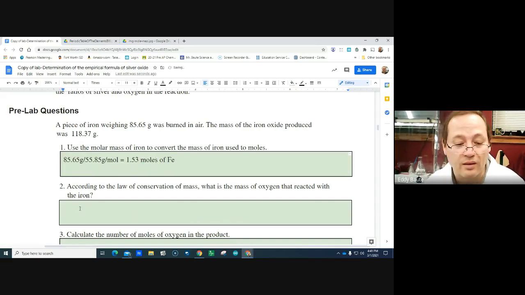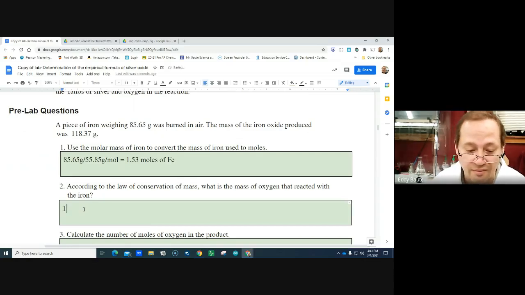Number 2 says, according to the law of conservation of mass, what is the mass of oxygen that reacted with the iron? Well, you started with this mass of iron, and then you ended up with this mass of iron oxide. The difference is the mass of oxygen.